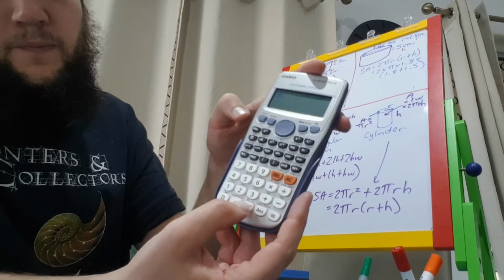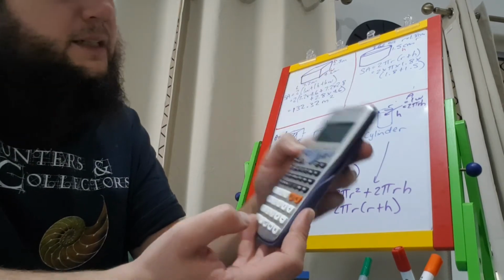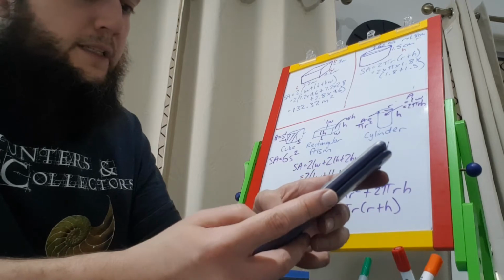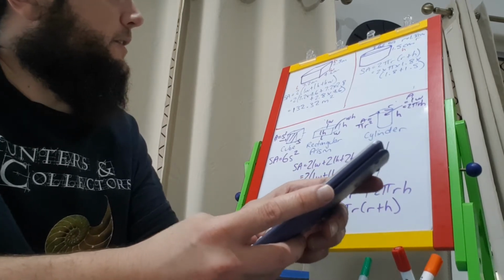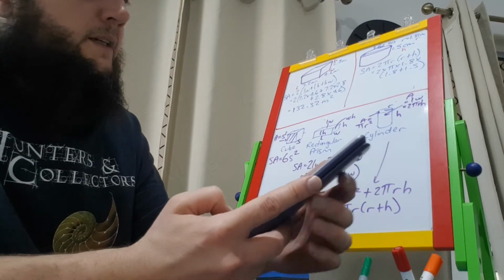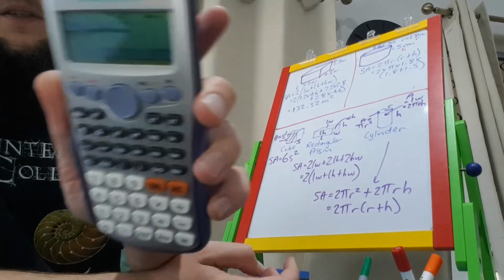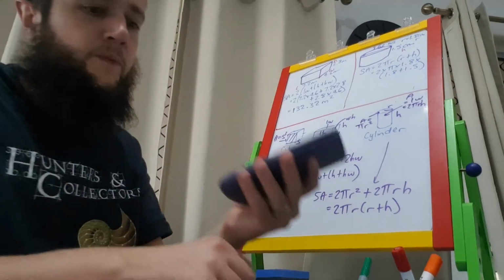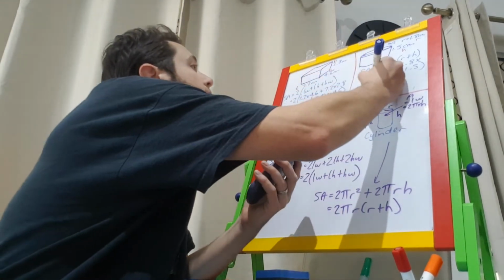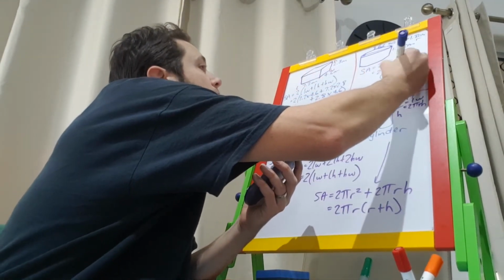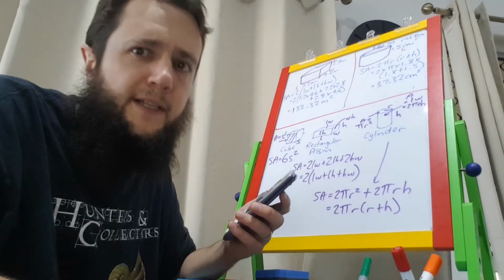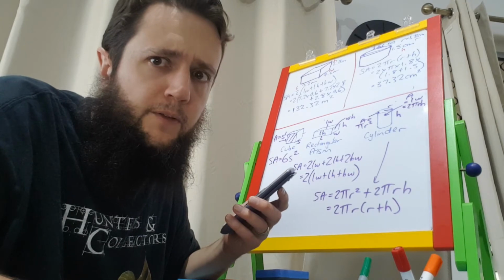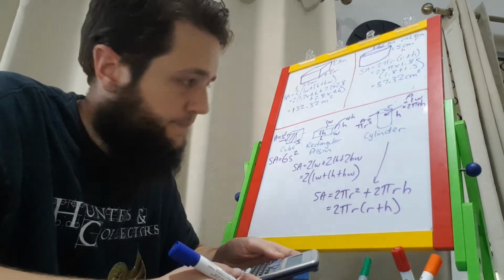So it's shift the times 10x on most of your calculators. 2 pi times 1.8 times, well, that's going to be 3.3, isn't it? Right, which gives me 37.32. So 37.32, and remember your units, it's area. Area is two-dimensional, thus we have centimeters squared for the squared units.